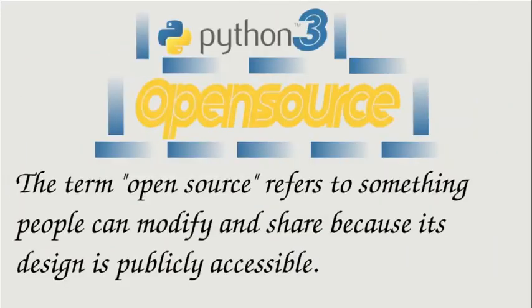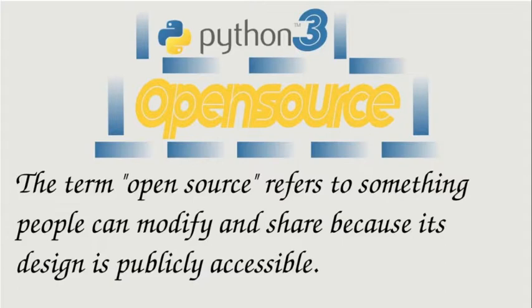If I read the definition, it is like: the term open source refers to something people can modify and share because its design is publicly accessible. I don't understand it. Let me divide this and try to make you understand.